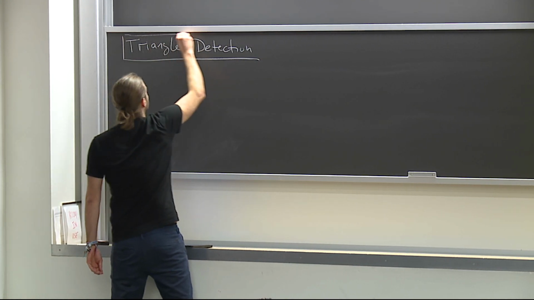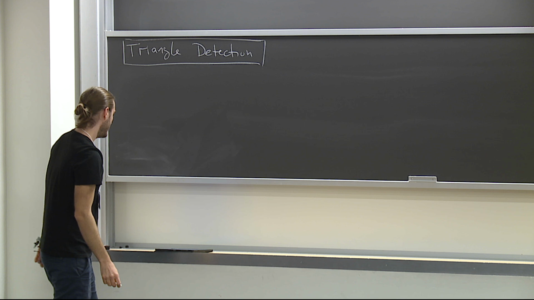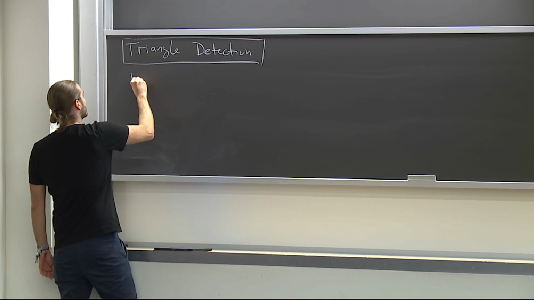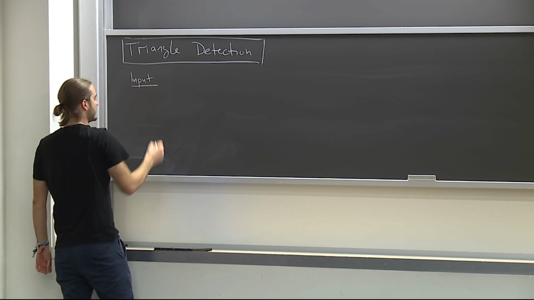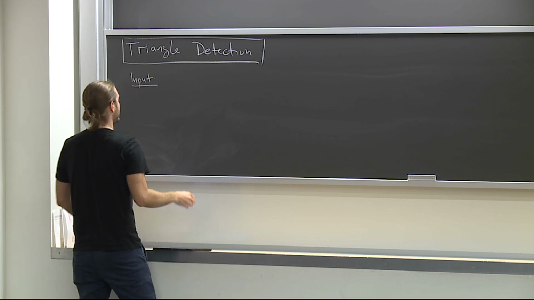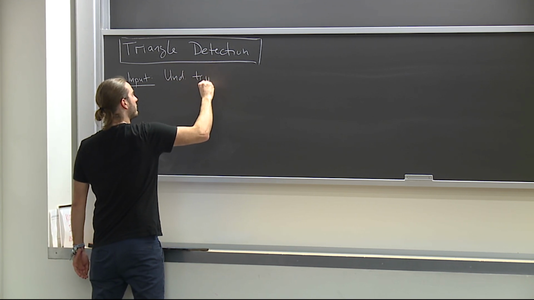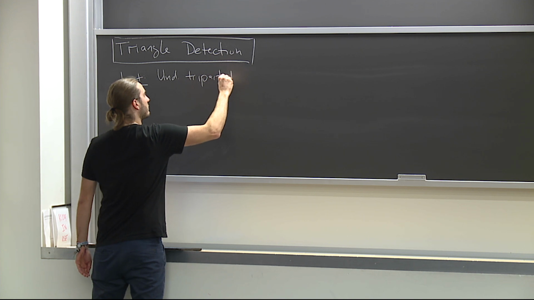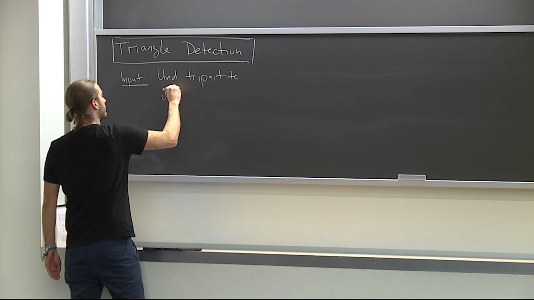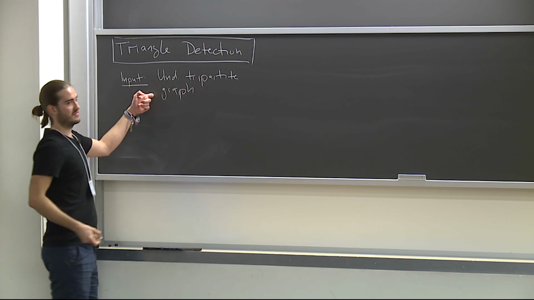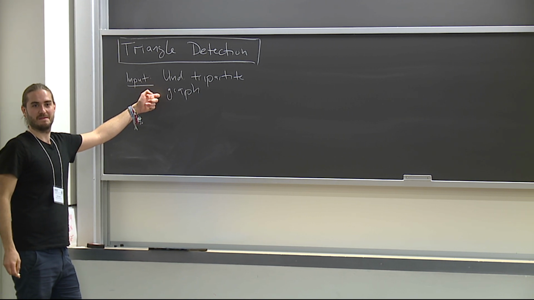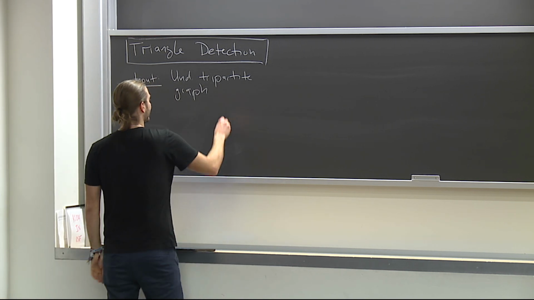First one is triangle detection. And the input is an undirected tripartite graph. Can you read this? All good? Cool.